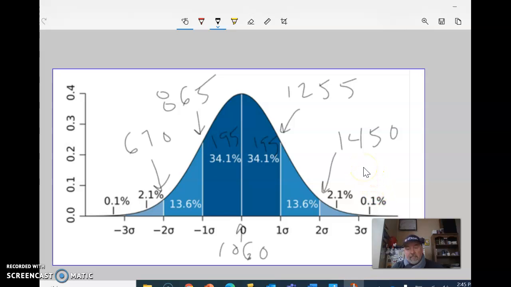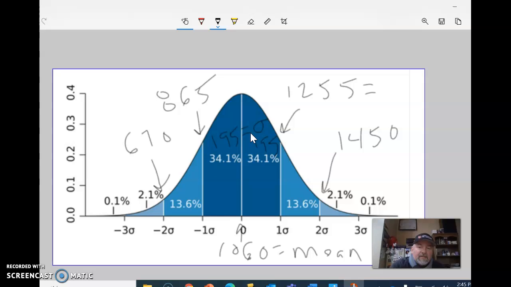Knowing, again, the mean here, if we know the mean and we know the standard deviation, and the sign for standard deviation, my hands are bad, but it'd be something like that. That's not the standard deviation. This is the standard deviation.